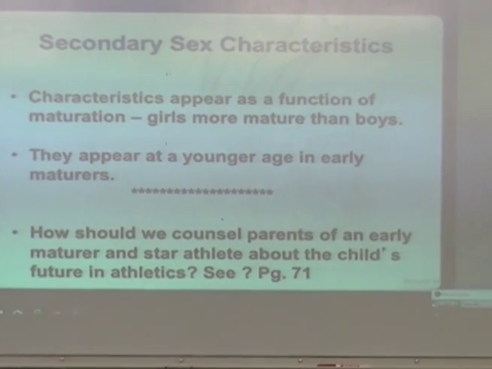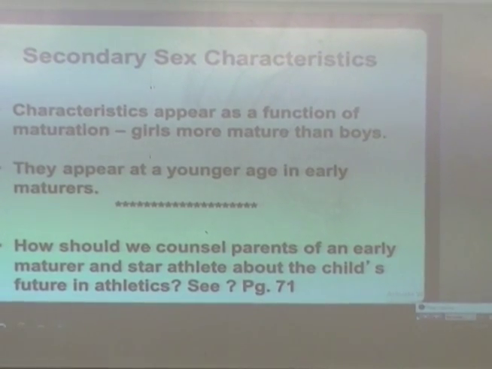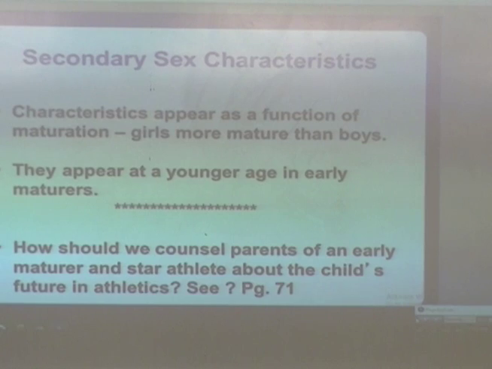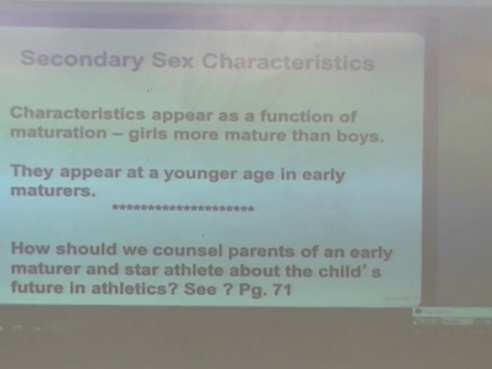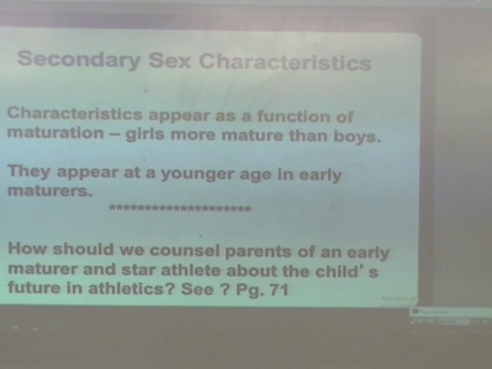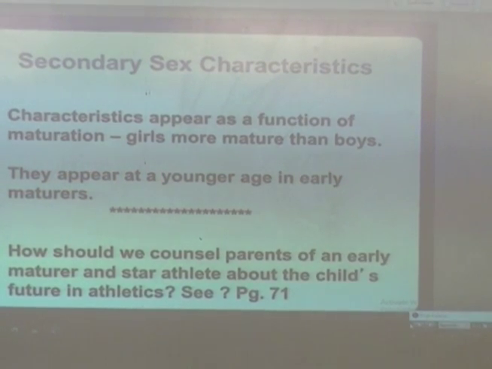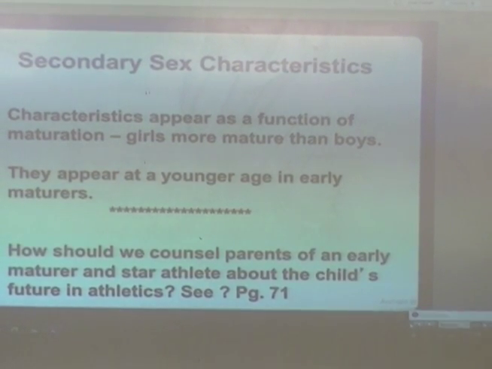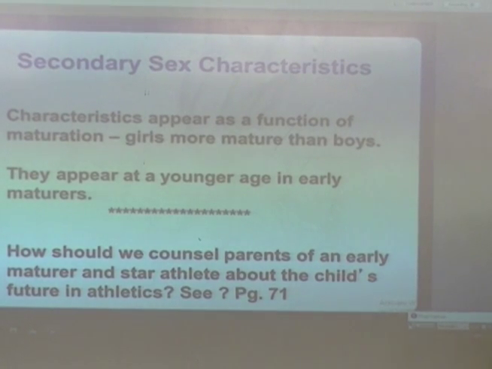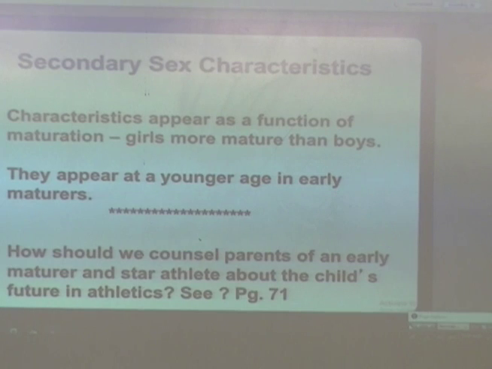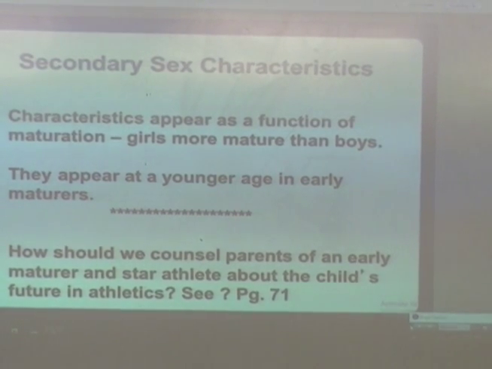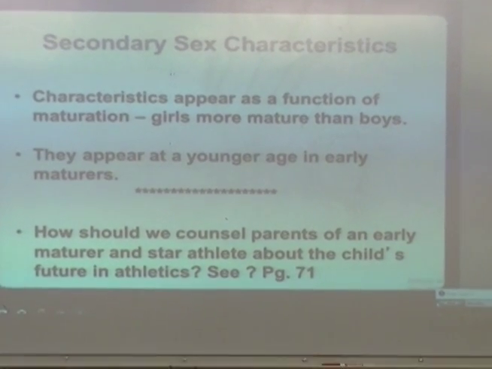Okay. So when we look at girls, if we use our velocity curve, then we can make a relatively good estimate as to when that girl is going to start menstruating. Typically, it follows her peak height velocity by about a year.